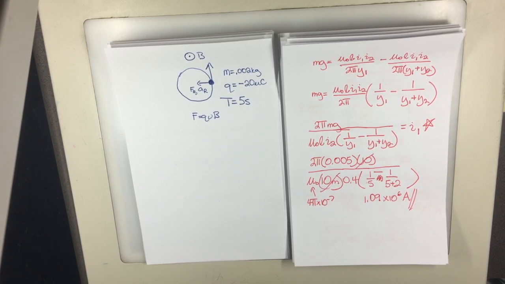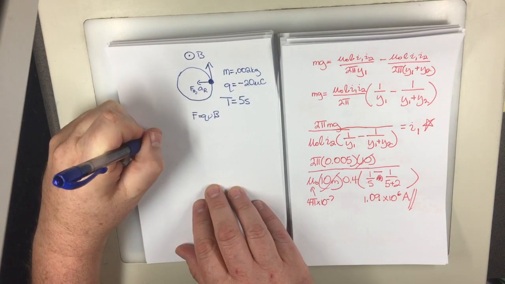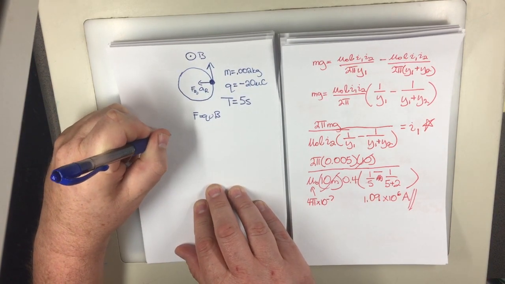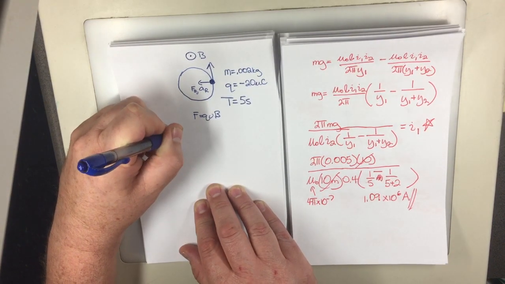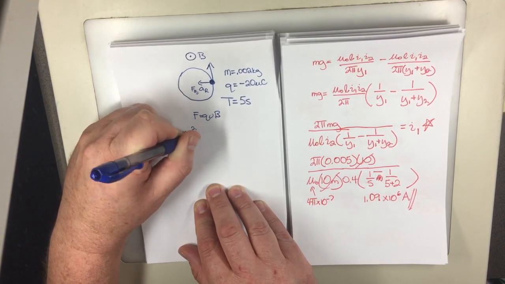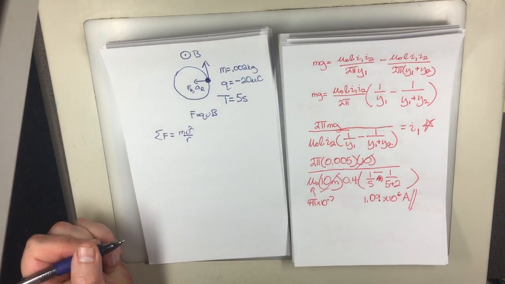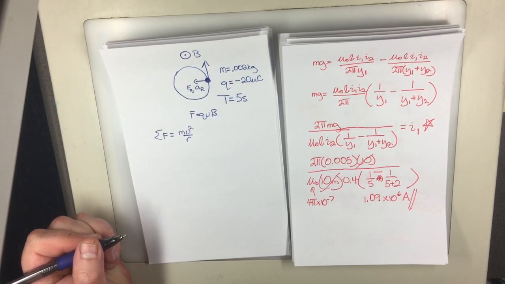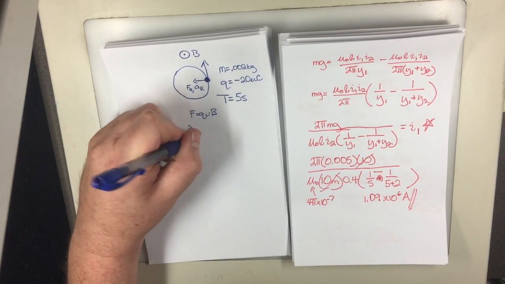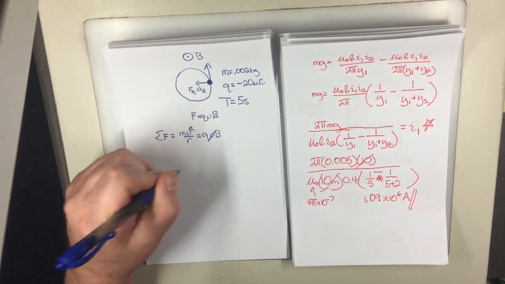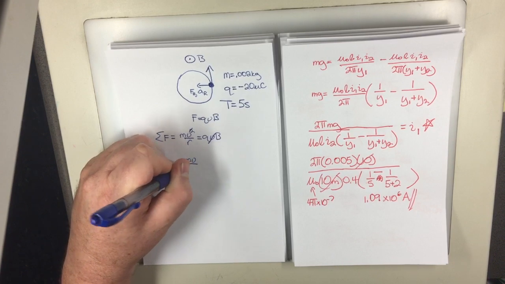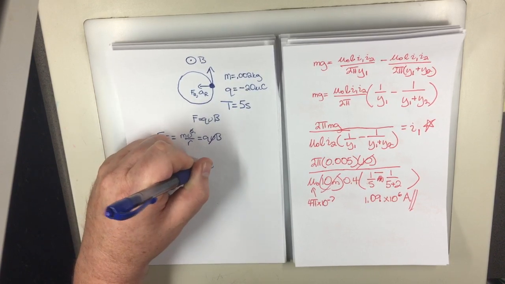This force is QVB. It's circular motion, which means it's mv squared over r for the sum of the forces. So it's QVB. One of the v's cancels, and I'm left with mv over r is equal to QB.